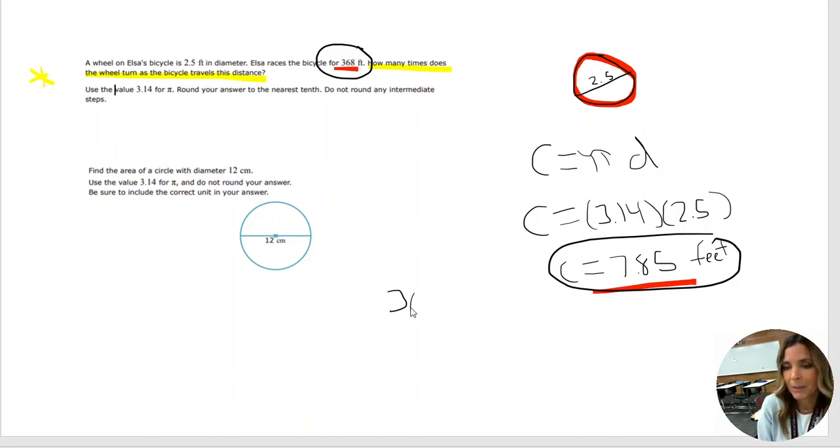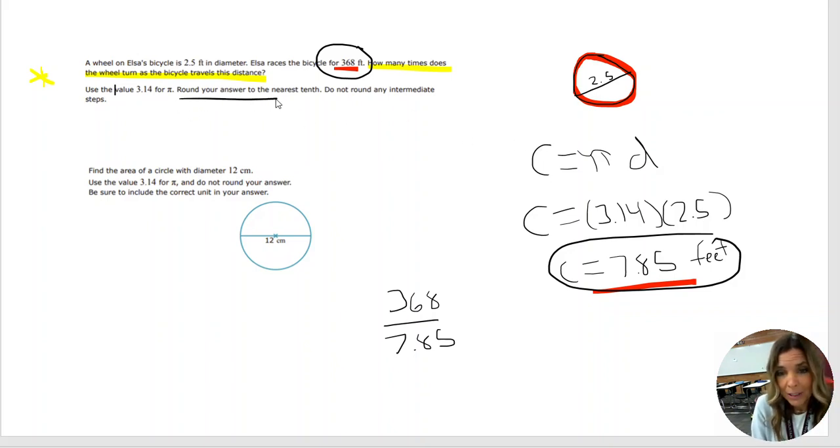So we take the 368 and divide it by 7.85, because that's the amount for one. So 368 divided by 7.85 gives us 46.8789889. It gives us this big decimal.